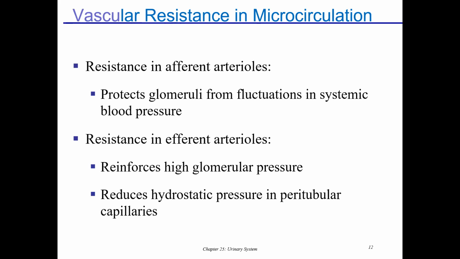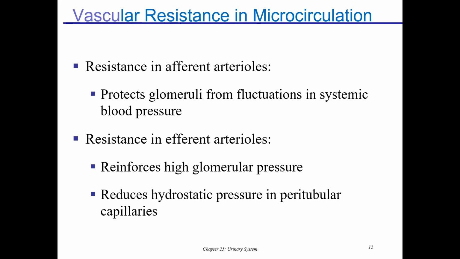We don't get a lot of bounce around in here. It doesn't matter what the blood pressure is doing at any given time. You run up a flight of stairs, your afferent arteriole is still going to stay around 60. You're sleeping, your blood pressure drops, your afferent arteriole is still going to be pretty constant because of the resistance in the arteriole, the pushback against the arterial wall.